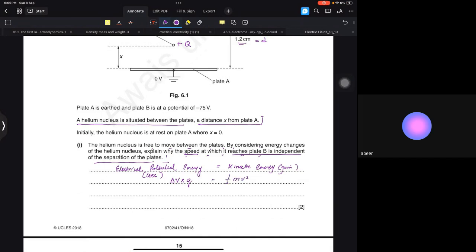As you can see, in this formula, there is no separation given. So that means v is not dependent on d, sorry, on separation. They're not given to you. There's nothing to do with it. v has nothing to do with the whole formula. That's why.